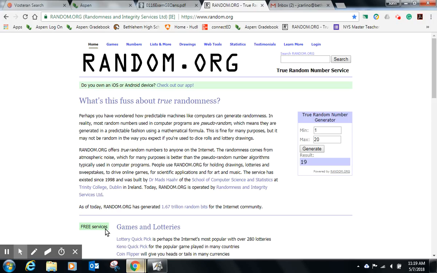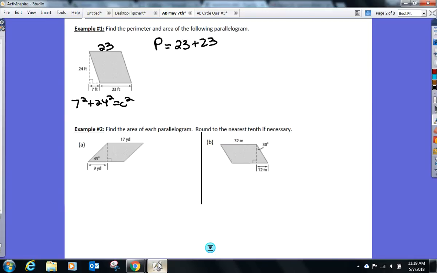And how about that side length? Here you go, 24, 25, which means the other opposite side is 25. Perimeter.